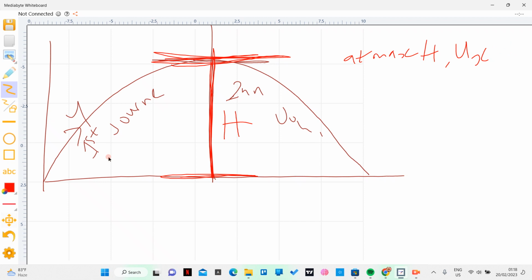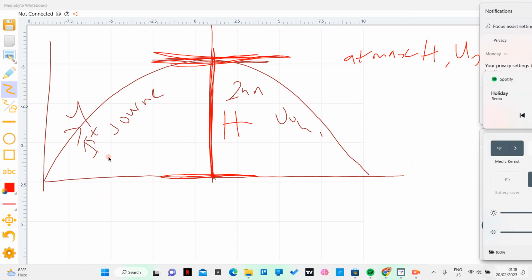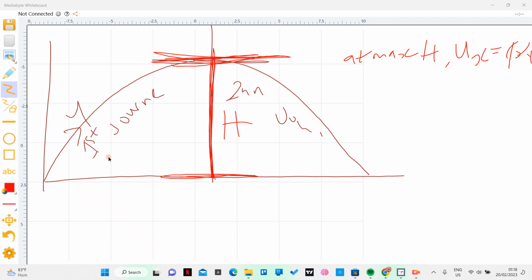Okay, let's go back. Now, the horizontal velocity at maximum height is still constant, while your vertical velocity becomes 0 at maximum height.